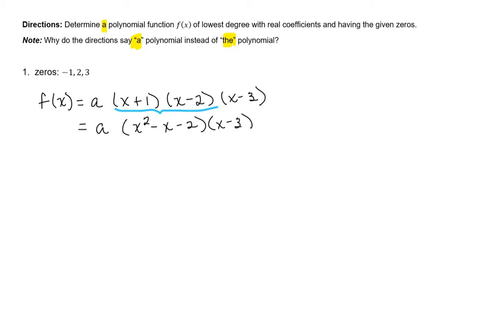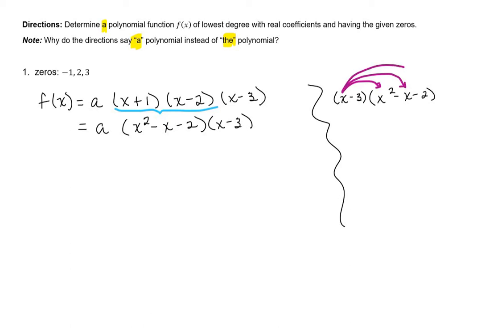And if you need to, you can come over here to the side and do your scratch work. And when I do this, I like to have my binomial first and then my trinomial. And what I'm going to do is to distribute this x. So x is going to be multiplied by the x squared, by the minus x, and by that -2.